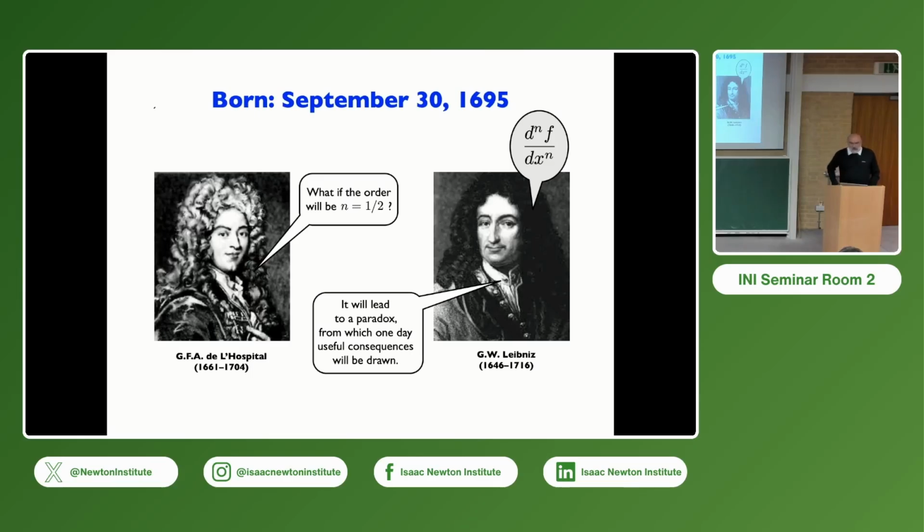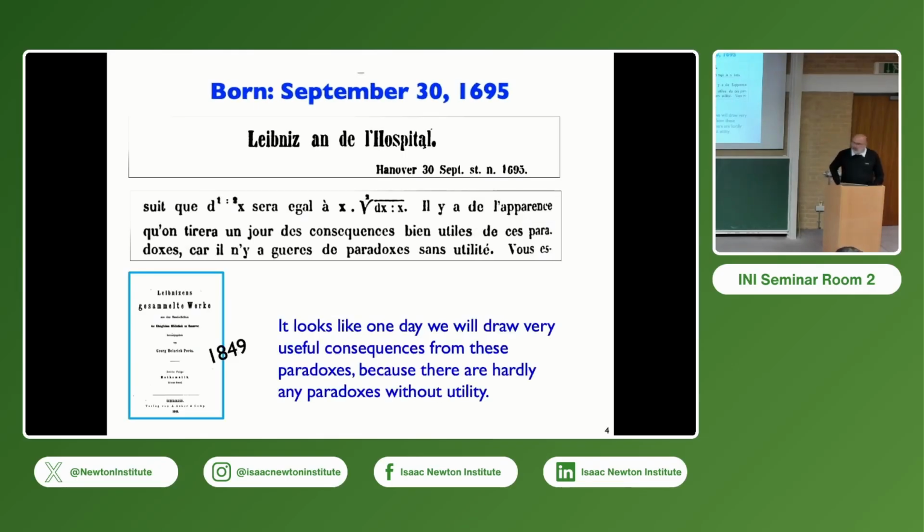So seeing that, L'Hopital raised the question if n can be non-integer. And Leibniz replied, as you see, that basically it will lead to something like a paradox, but maybe one day something useful will be developed based on this.